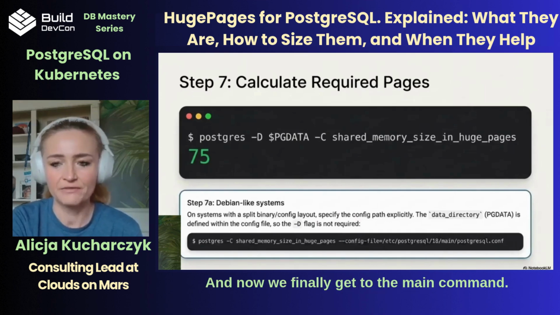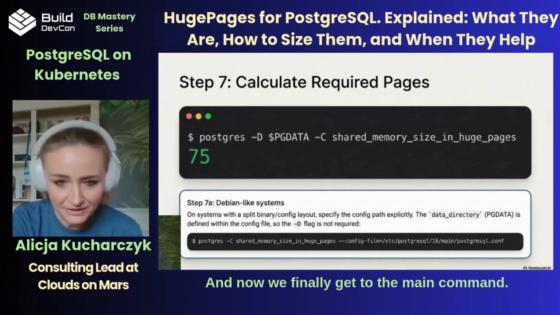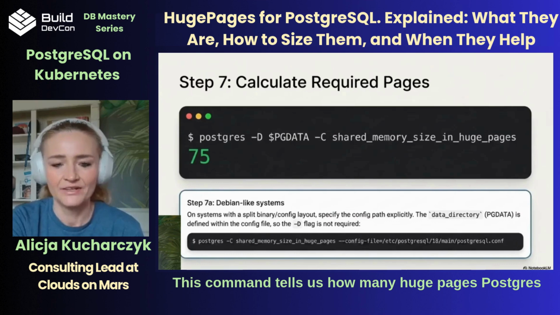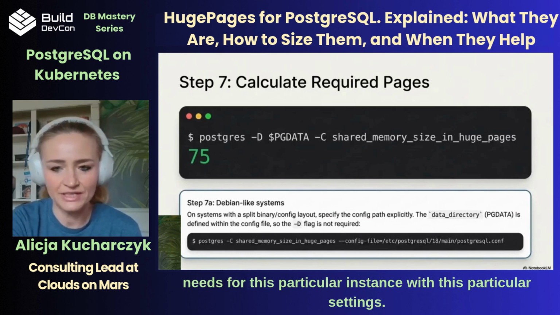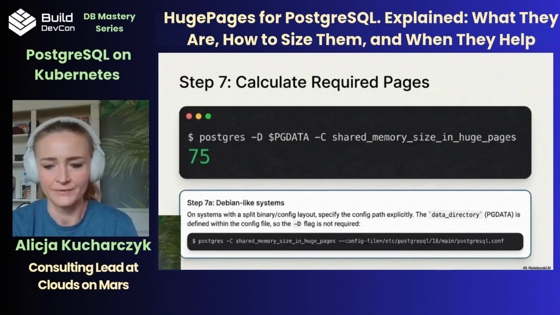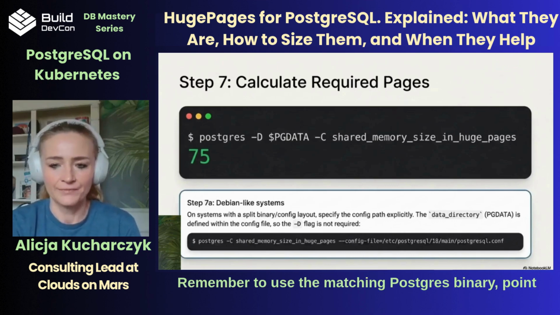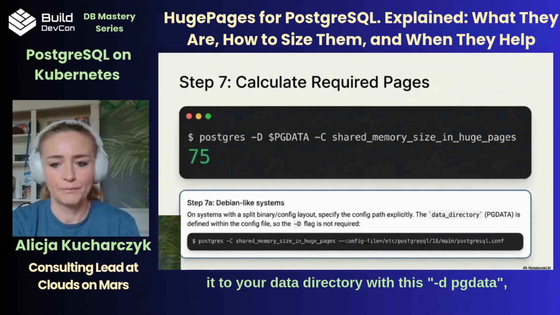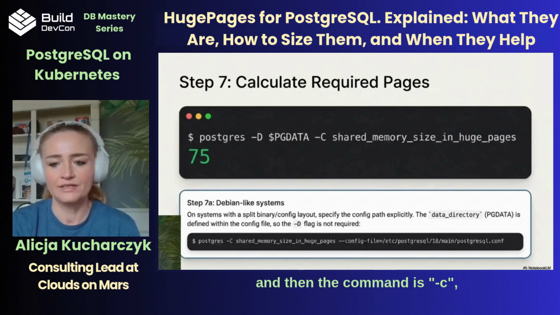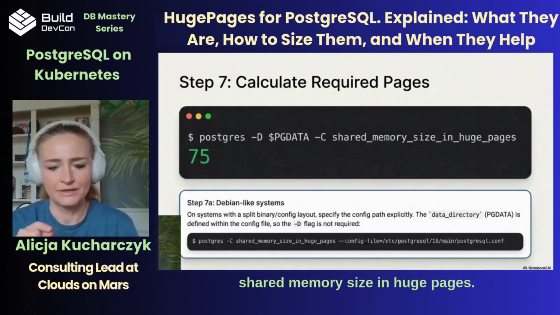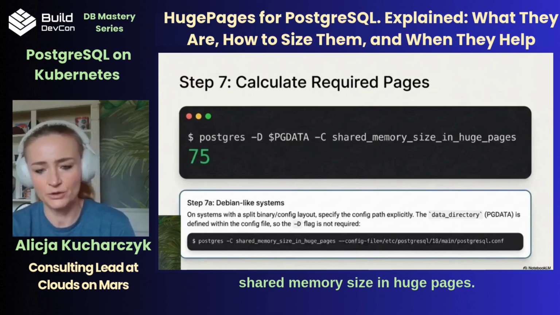And now we finally get to the main command. This command tells us how many HugePages Postgres needs for this particular instance with these particular settings. Remember to use the matching Postgres binary, point it to your data directory with -D PGDATA, and then the command is -C shared_memory_size_in_huge_pages.